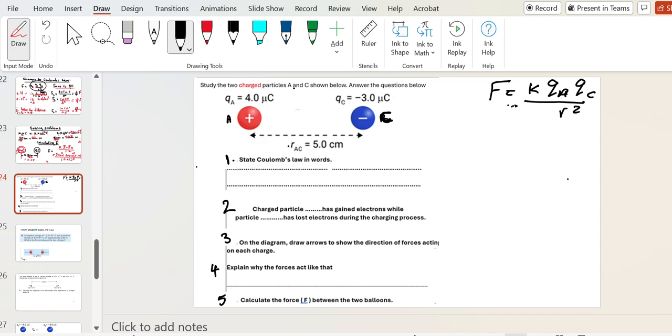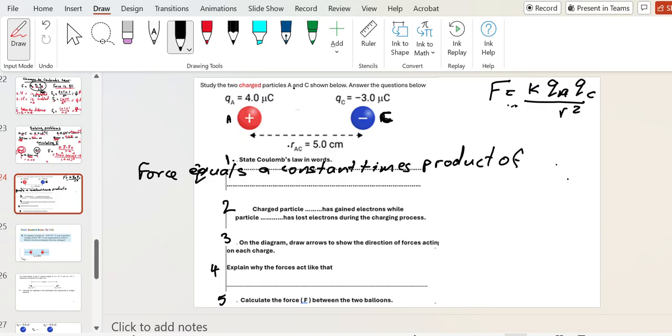So I will write here: force between charges equals a constant times product of charges.